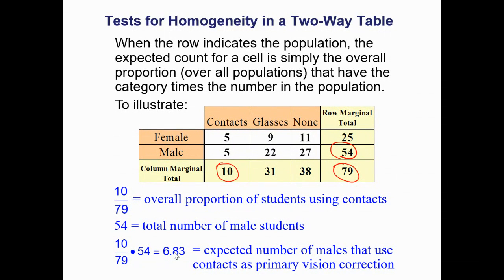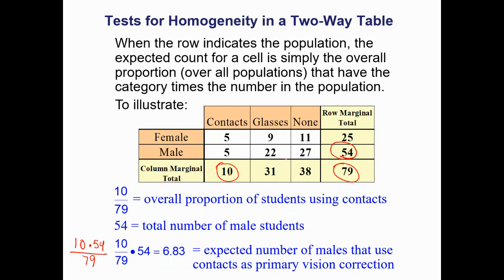Now, that's one way you could look at it and multiply it. But a more intuitive way may be to, instead of separating it like this, do 10 times 54. So the marginal totals divided by the grand total.